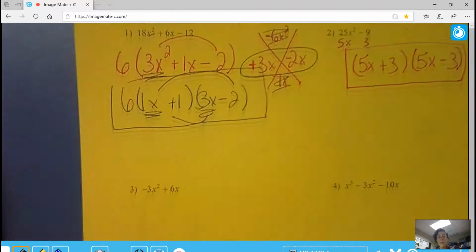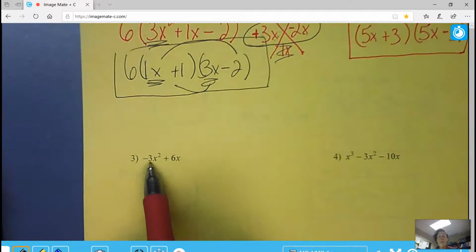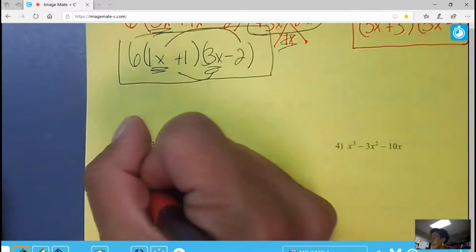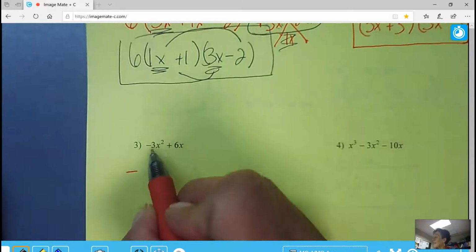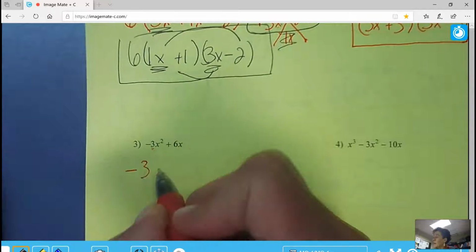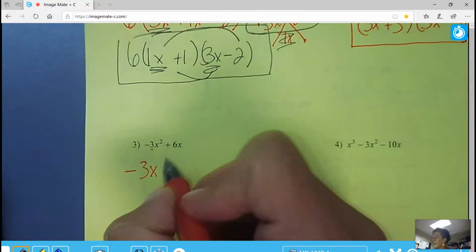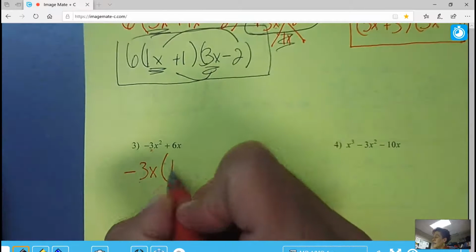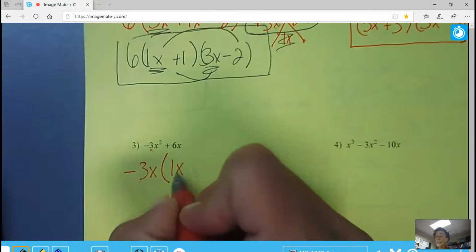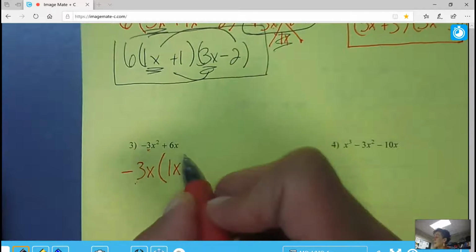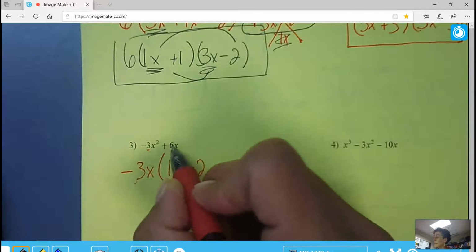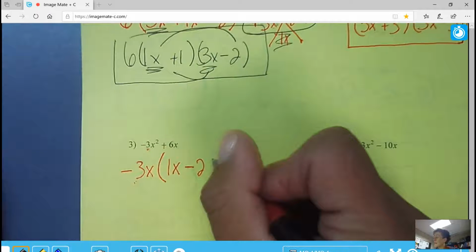All right, number 3. Although it is in standard form, my leading term is negative, so I'm definitely going to factor out a negative. And then I can take a 3 out of both terms and an x. So here we go. Negative 3 times 1 is negative 3, and there's 1 less x. And negative 3 times negative 2 makes a positive 6, and this x is gone. It's been taken out.